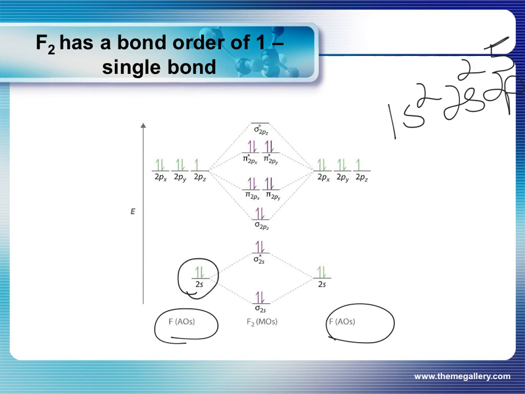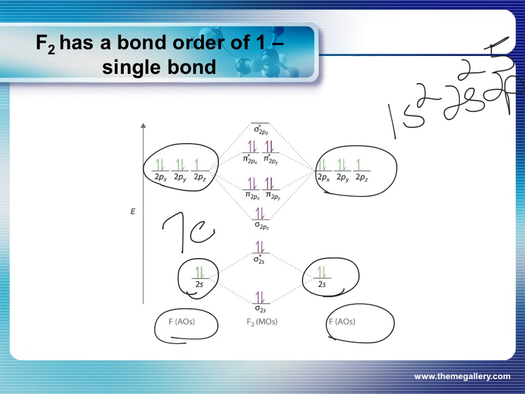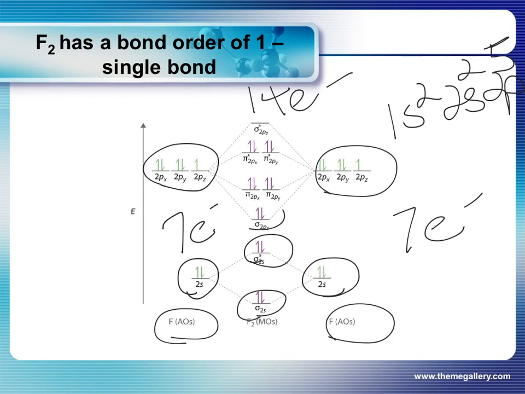And so on the far left and far right, you show the orbital configurations for fluorine atoms. Each fluorine has 7 valence electrons. So we have a total of 14 electrons that need to be placed in the molecular orbital, starting with the lowest energy. 2, 4, 6, 8, 10, 12, 14.